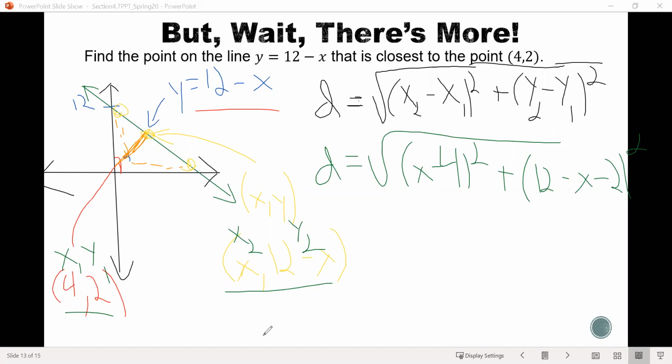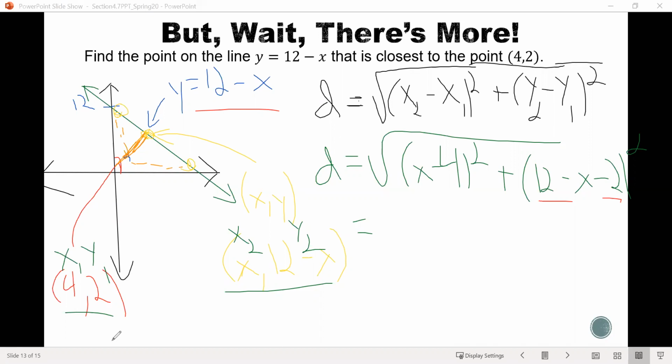And let's see, we can do some foiling there. So first of all, simplify on the inside. We have a 12 and a minus 2 there. Foil some stuff out, combine like terms.